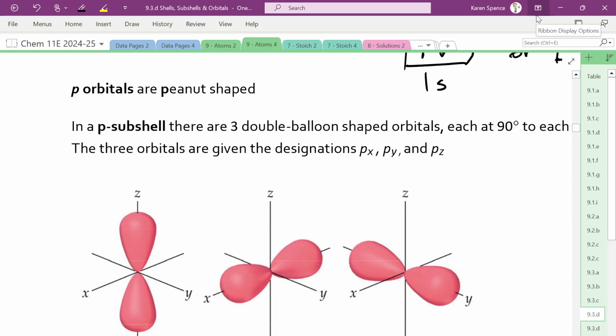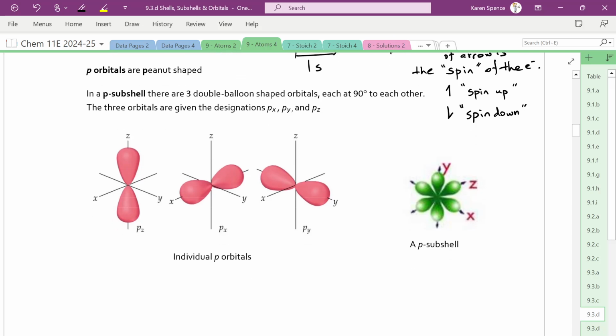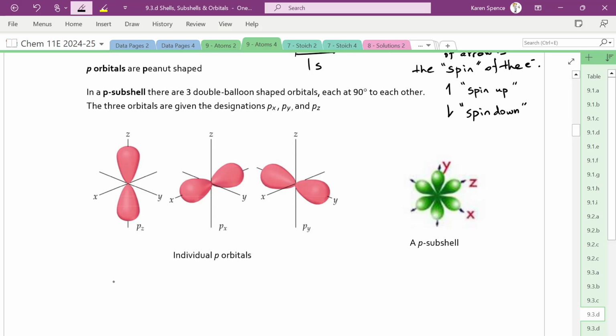How many p orbitals are there in a p subshell? There are 3 p orbitals in a p subshell.